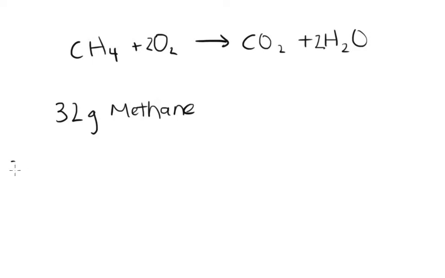We have 32 grams of methane, and we want to convert this to moles of methane before we can convert methane to carbon dioxide. We have to convert this mass into moles of methane, convert the moles of methane into moles of carbon dioxide, and then convert that into the grams of carbon dioxide.